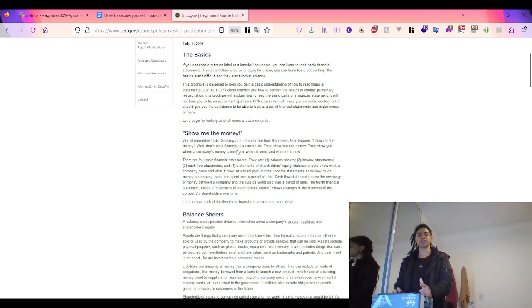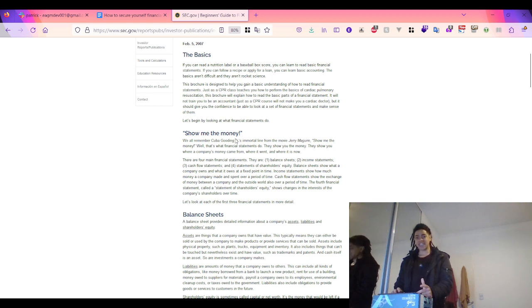The income statement shows if a company made a profit or not, so how much a company spends or earns producing its goods and services. The cash flow statement shows the exchange of money between the company and the outside world.